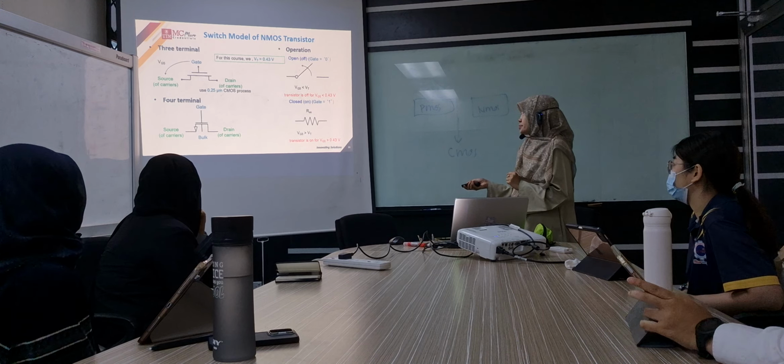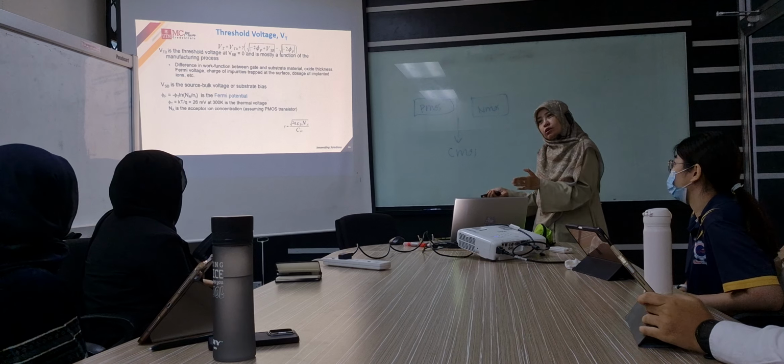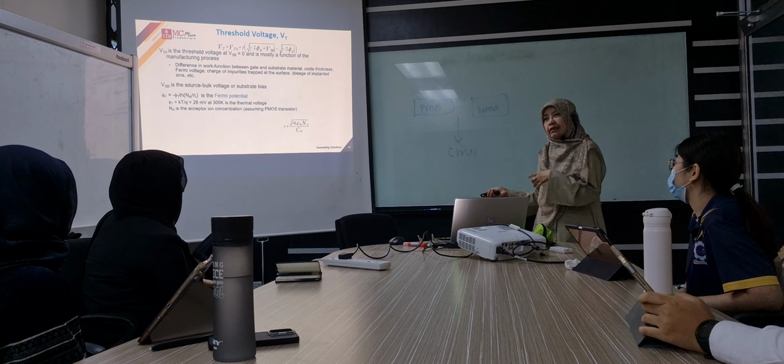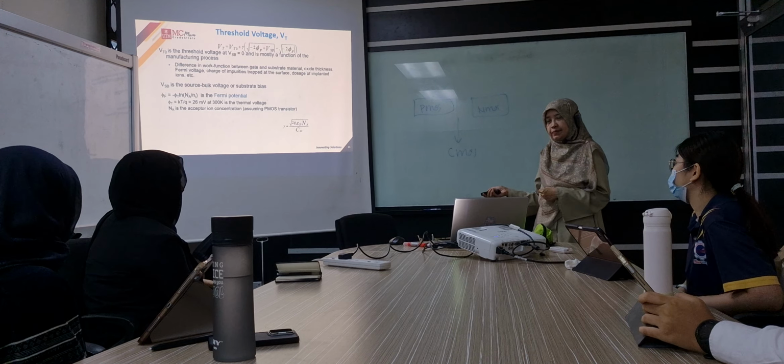So, threshold voltage controls whether it's working in cut-off or in linear. It starts from linear. When VGS is greater than VT, it's turned on.